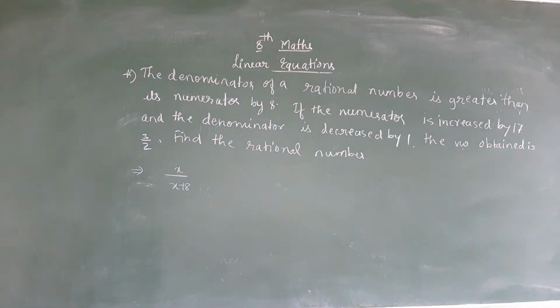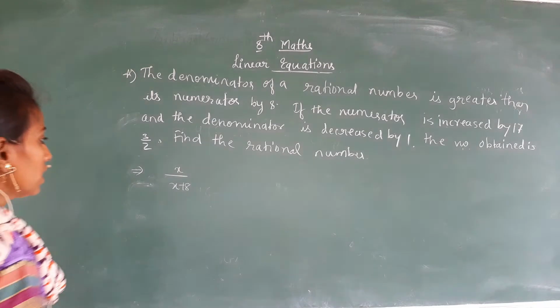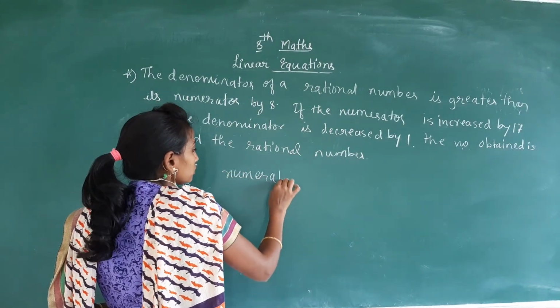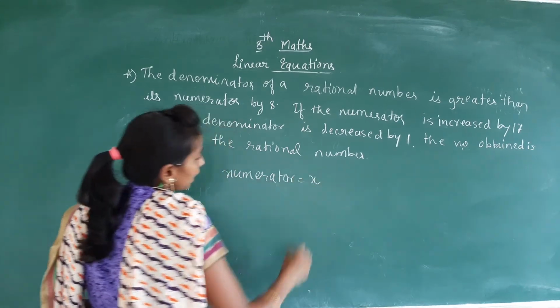The denominator clue they have given, but about the numerator they have not given. Means we have to take the numerator as x. That is, I have taken the numerator as x.